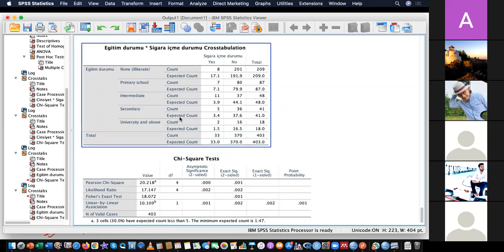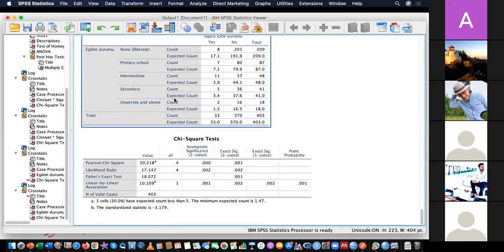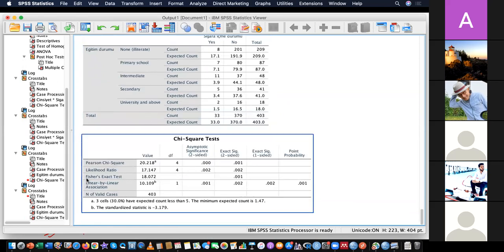So sometimes it's not possible to do the exact test, but here it worked, you see. We have the Fisher exact test. Since 3 cells, more than 20%, have expected counts less than 5, I should read the exact test. And the significance value for the exact test is 0.001, not 0.000.